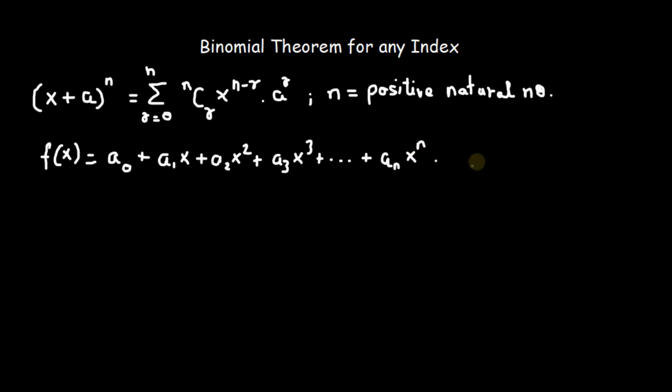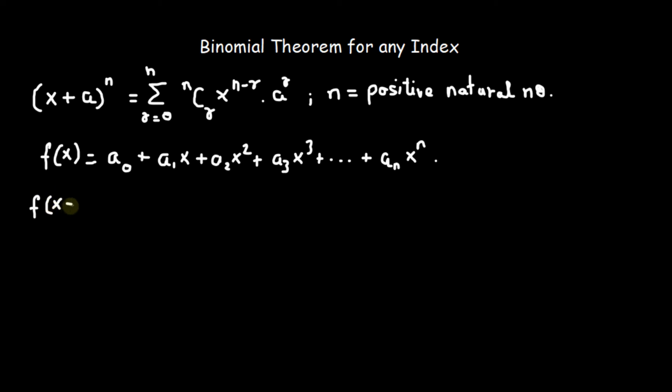So this is an nth order polynomial function. Now we are going to find the value of this function at x equals 0. That would give us f of 0.